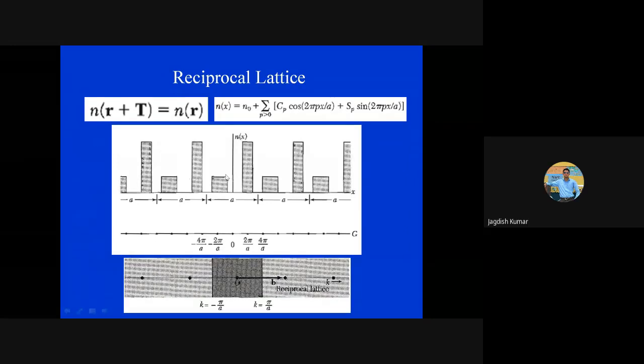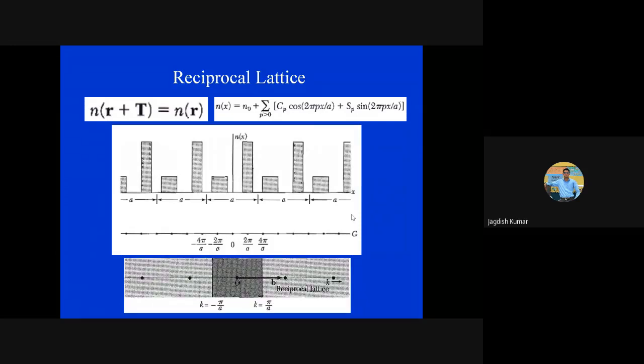Rather than a crystal, let us say we are representing the electron density inside a crystal. Since the atoms are periodically arranged in a crystal, so will be the electrons, right? Because electrons are associated with the atoms. So the electron density in a crystal will also be periodic, with the same periodicity as the atoms.